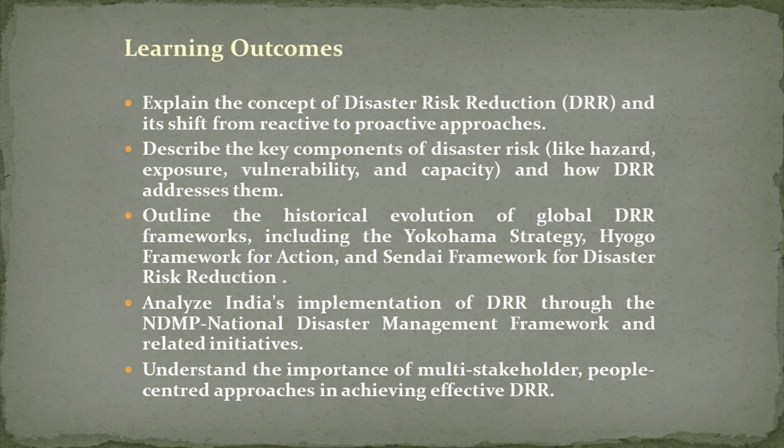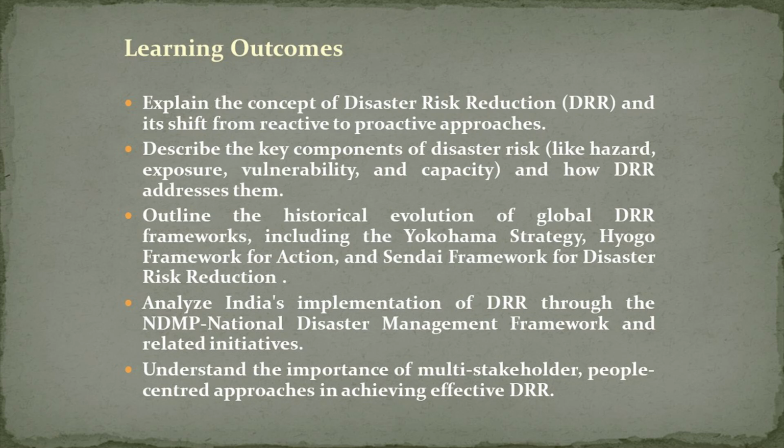After studying this unit, you will be able to explain the concept of disaster risk reduction, that is DRR, and its shift from reactive to proactive approaches. You will be able to describe the key concepts of disaster risk, hazard, exposure, vulnerability, and capacity, and how disaster risk reduction addresses them.